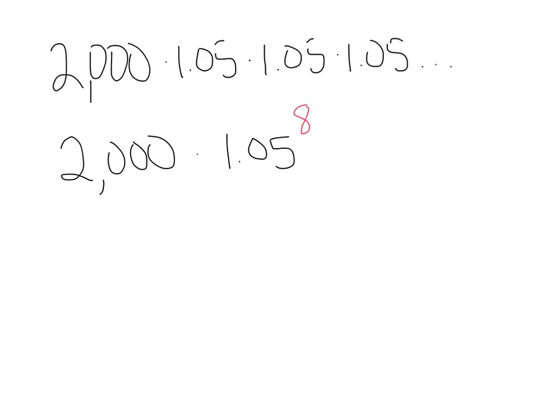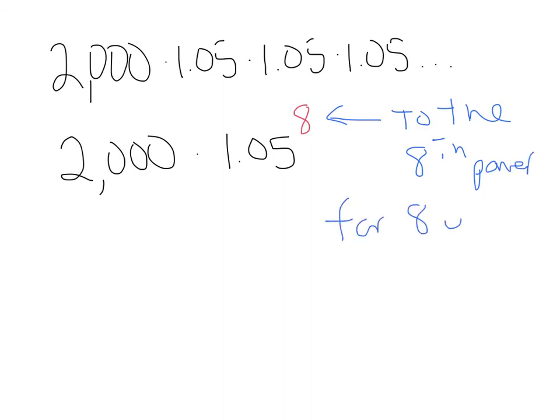As I've indicated here, this is to the 8th power for 8 years of compounding. In other words, 8 times that we multiply by 105%, we find 105% of what we had before.